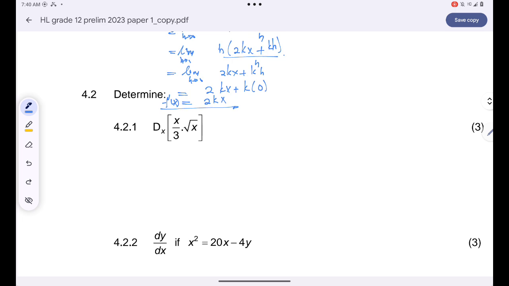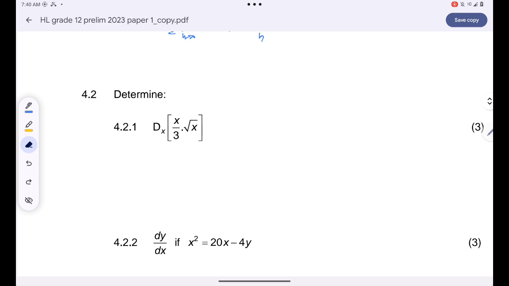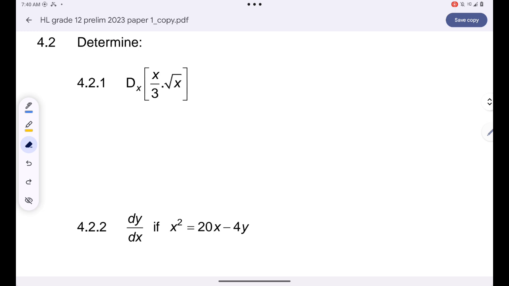Now, let me erase this part because it will disturb me a bit. Okay, now I'm asked to determine the following. This notation, guys, tells me that I need to derive with respect to x everything that is inside the brackets.